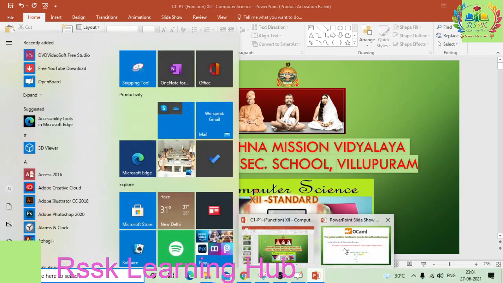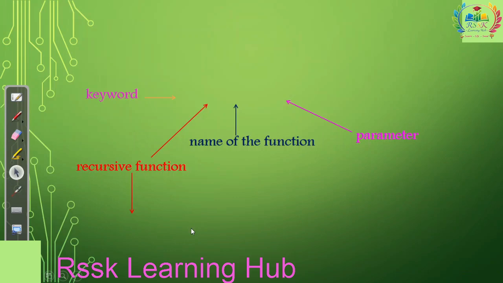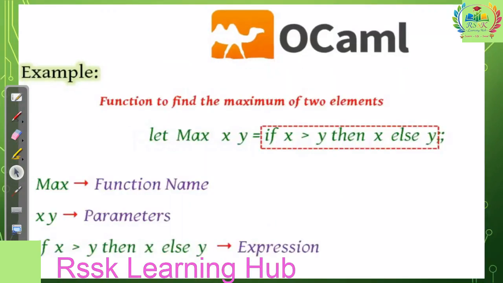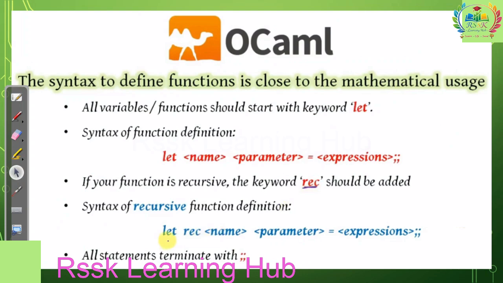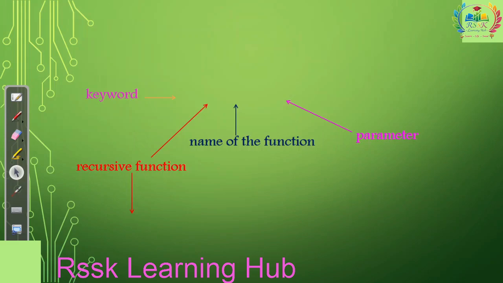Now come to this window of OCaml. Okay, now see. Up to this we saw what a function is, and how to define a function using OCaml with parameters, with data type and without data type. Now come to this.